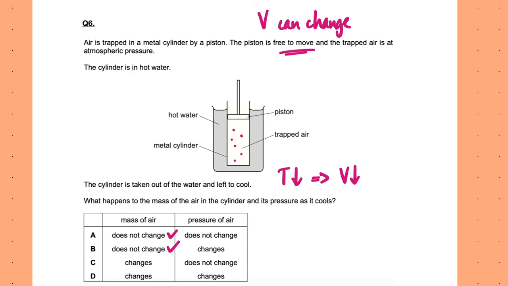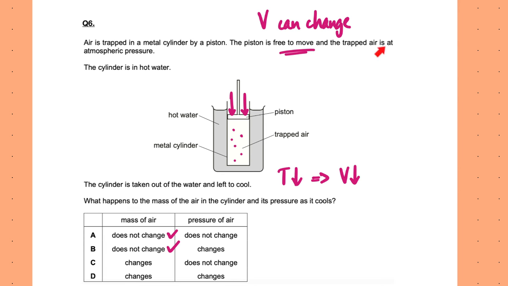And the reason is this, that as the temperature is decreasing, you know that the particles' kinetic energy would decrease. So the volume would also decrease as this piston basically collapses inwards when it's taken out of the hot water. Also remember that the volume would decrease because of the pressure differences.